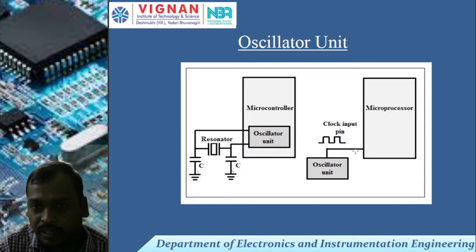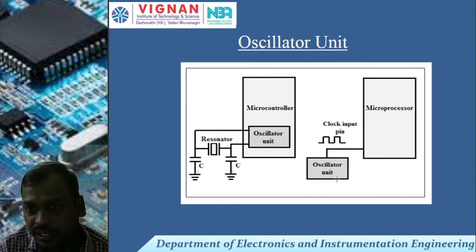In any microprocessor or microcontroller, at the input you have the oscillator unit, or here we take a resonator. Using the crystal oscillator, here we are using the crystal, and it generates the frequency. With the help of the capacitors, we require 11.0592 megahertz, and that is given to the 8051 microcontroller.